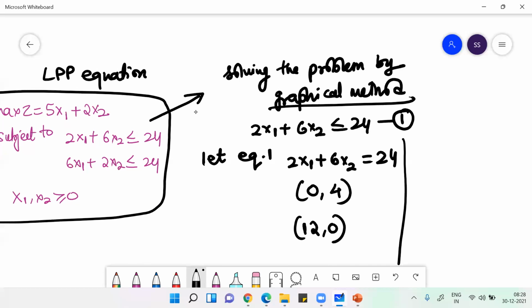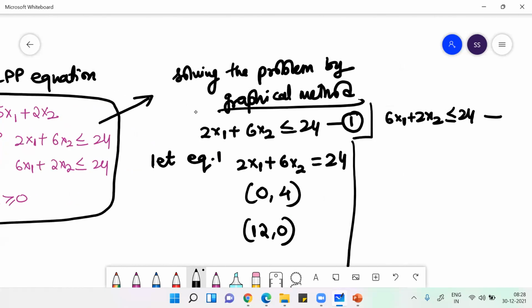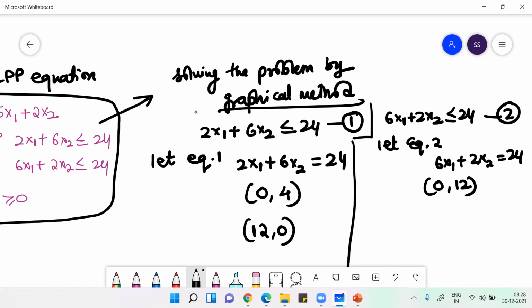Similarly, your second equation was 6x1 plus 2x2 is less than or equal to 24. Let equation 2 be 6x1 plus 2x2 is equal to 24. If you put x1 as 0, x2 will be 12, and if you put x2 as 0, x1 will be 4.